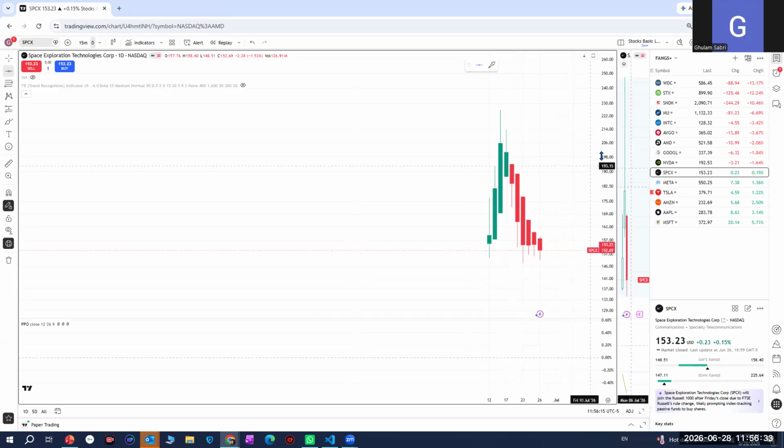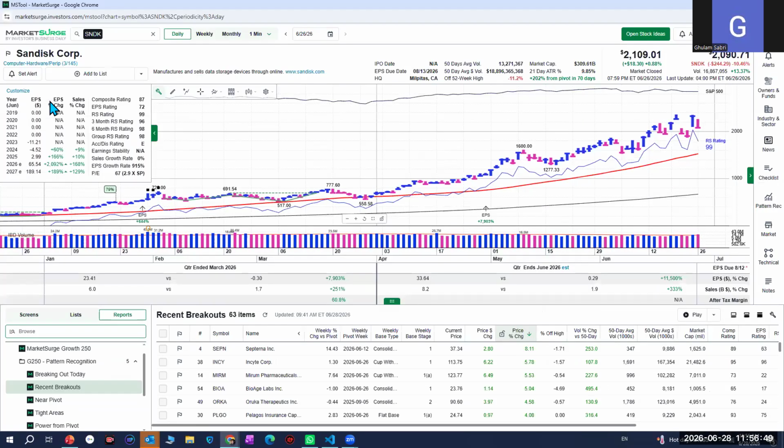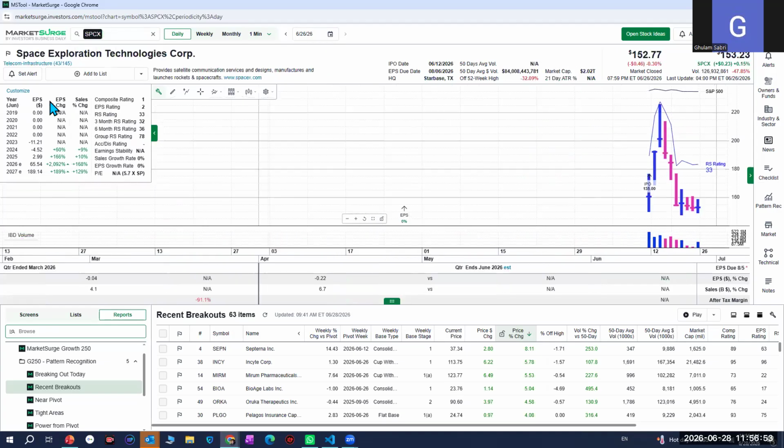In case of Micron or Sandisk, probably you won't see this kind of total collapse or climax action because the fundamentals are there to support the company. Go back to the fundamental side. And what was that? SpaceX? It's not available, right?